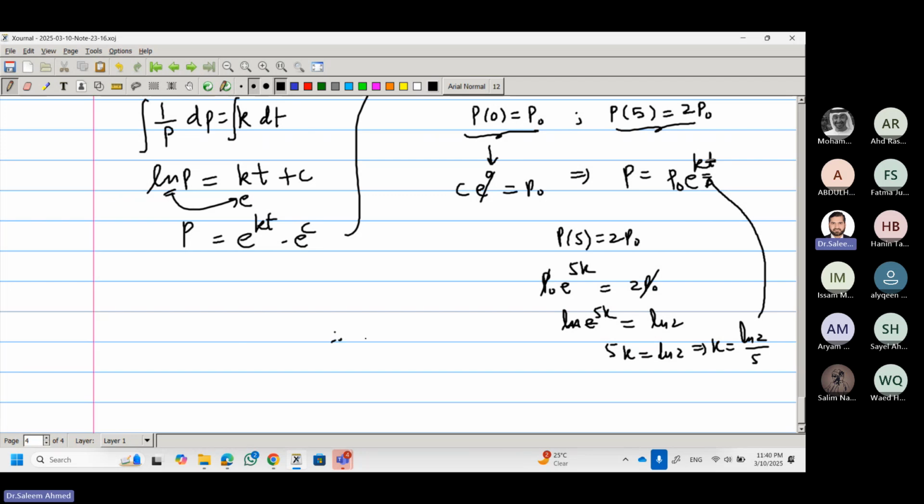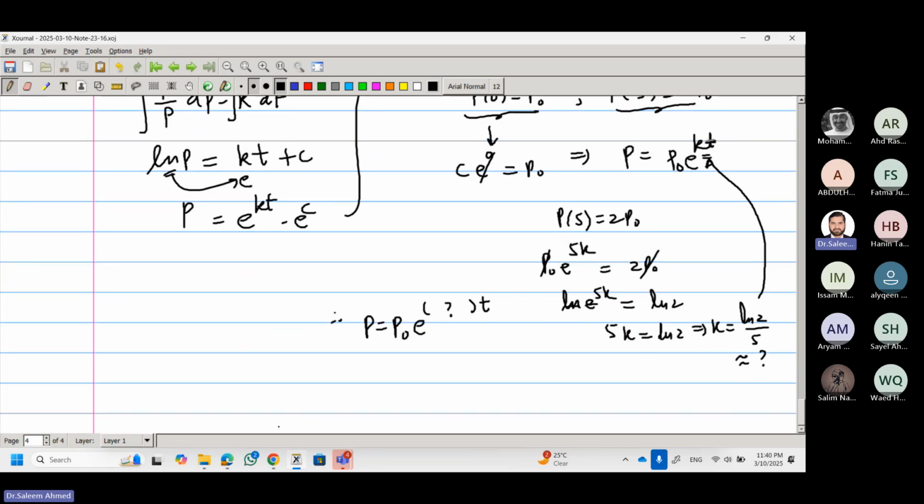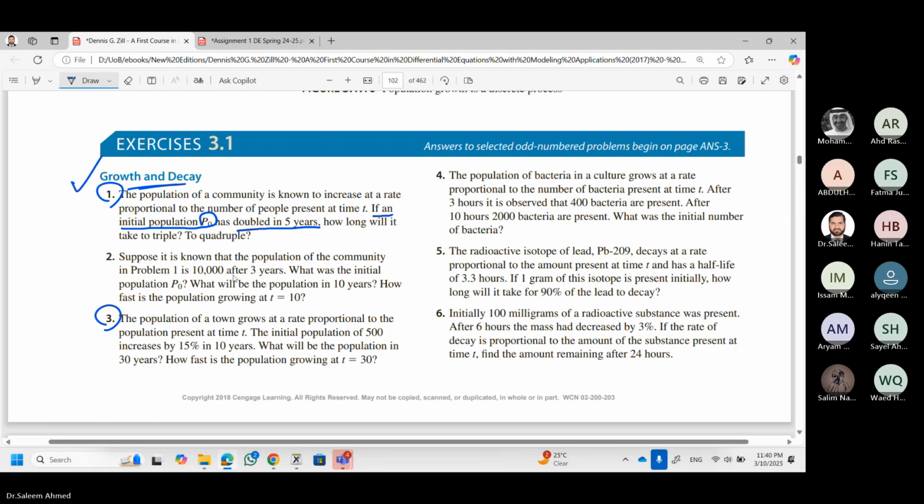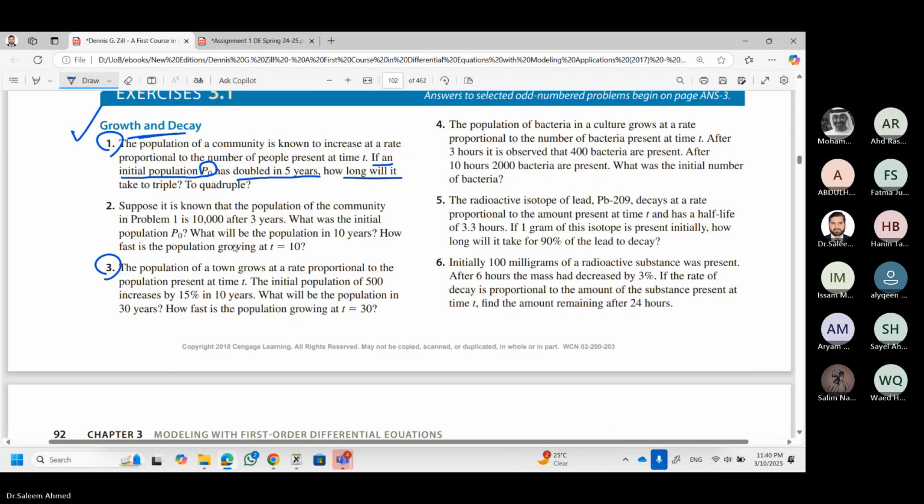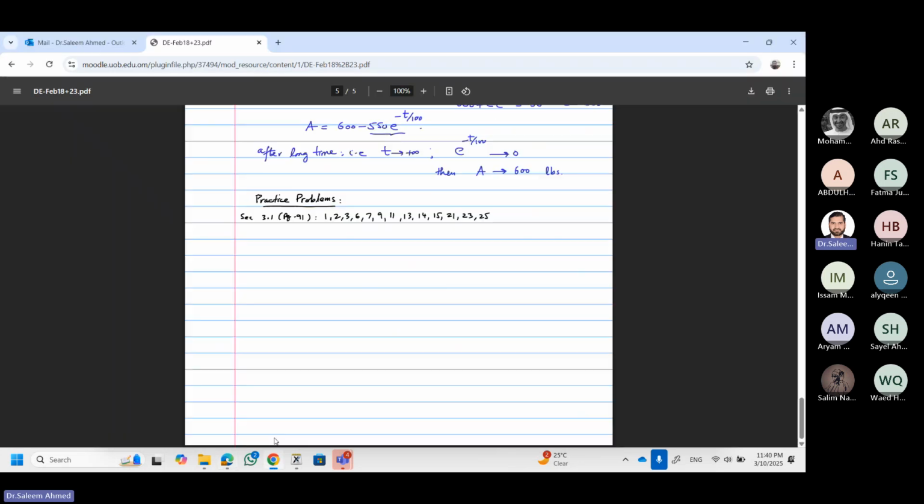So therefore, my P will become P0 e to the power Kt, whatever K you got, because this is your K. Whatever you get, you can put it here. Okay, so this is complete now. Now, if they ask you anything, you can answer the question. They ask you how long it will take for the population to become triple.